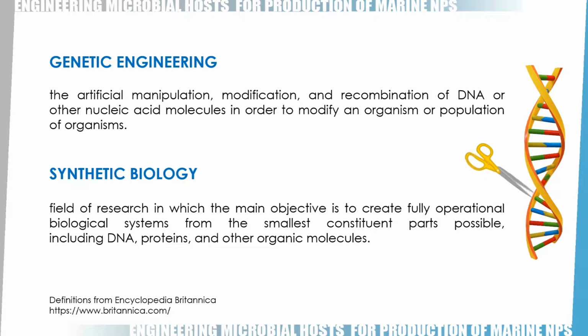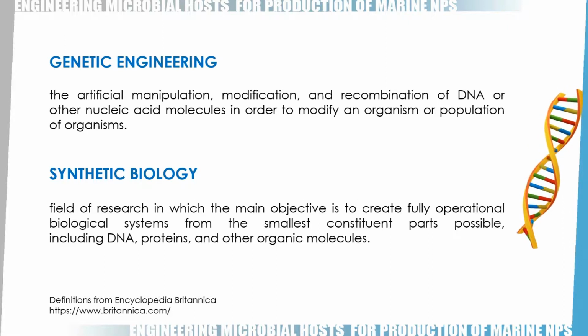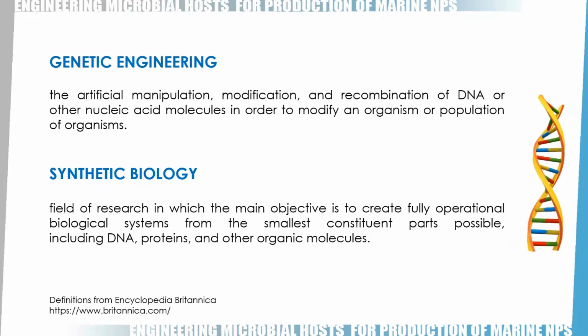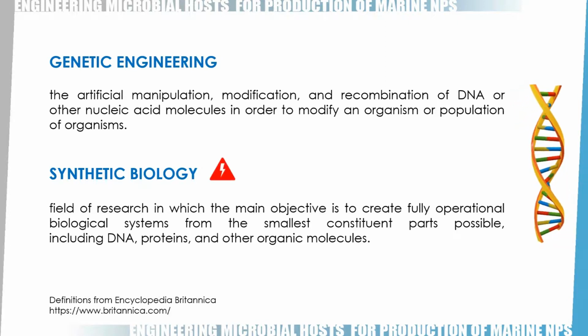However, it is important to note that genetic engineering alters the existing genetic material, while synthetic biology uses genetic engineering and computational tools to create biological devices, systems, and even organisms that could not have evolved from nature. That's why synthetic biology is sometimes called extreme genetic engineering.